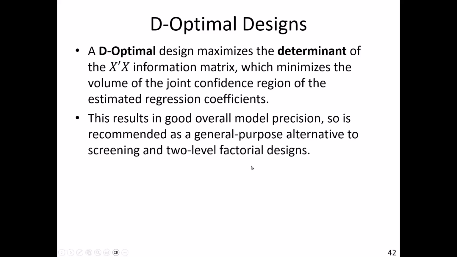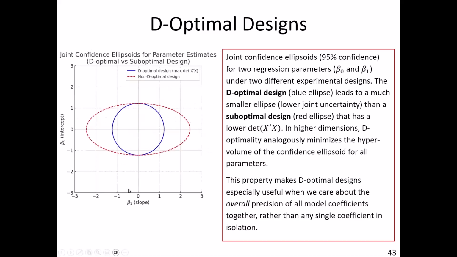So D-optimal, general purpose alternative, and using a very simple slope and intercept model, we can see here this is the uncertainty for a non-D-optimal design, and this shows you the D-optimal design. D-optimal designs are especially useful when we care about the overall precision of all model coefficients together rather than any single coefficient in isolation.